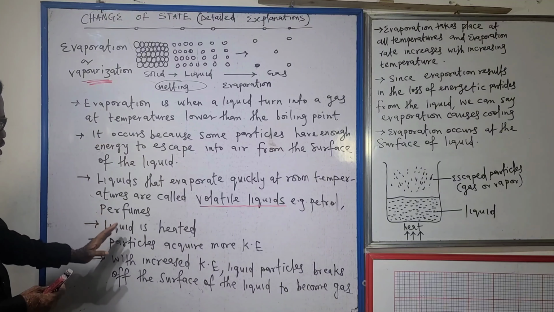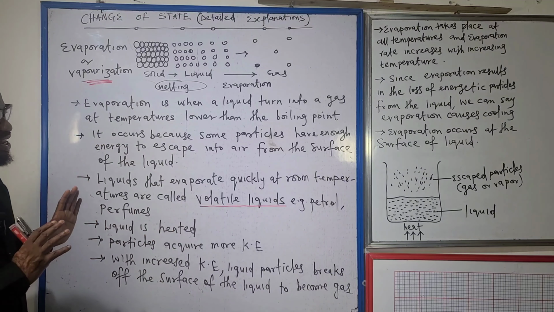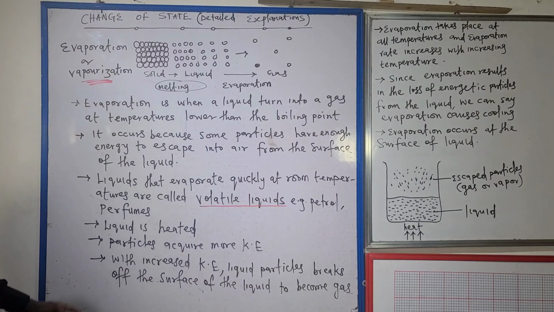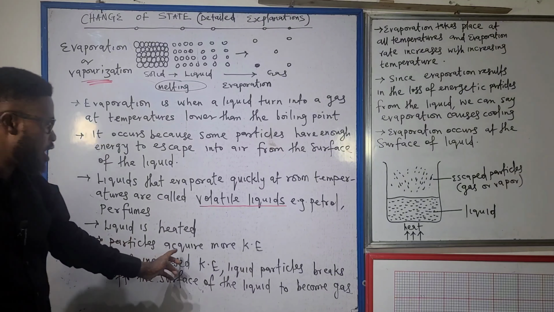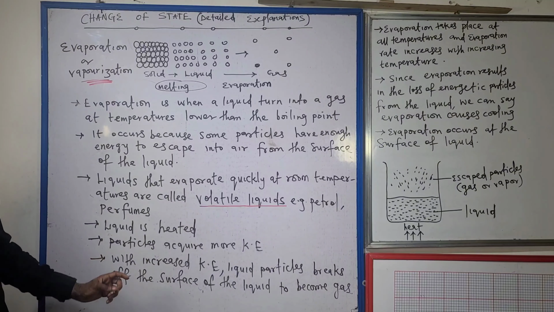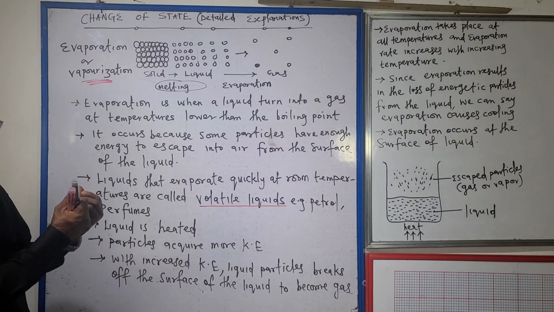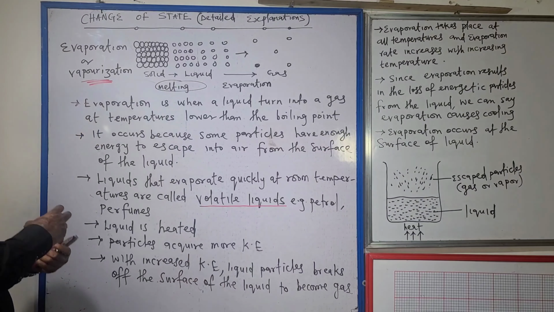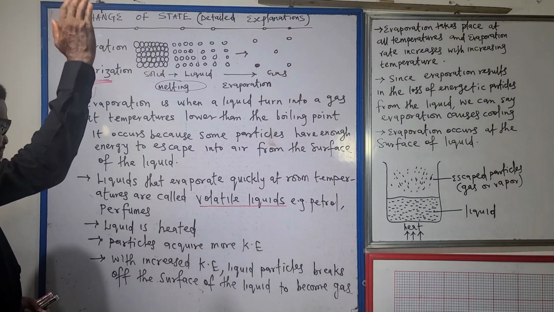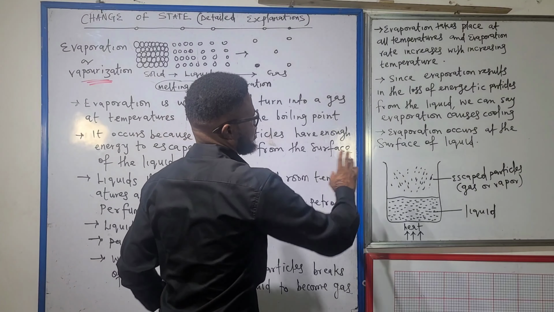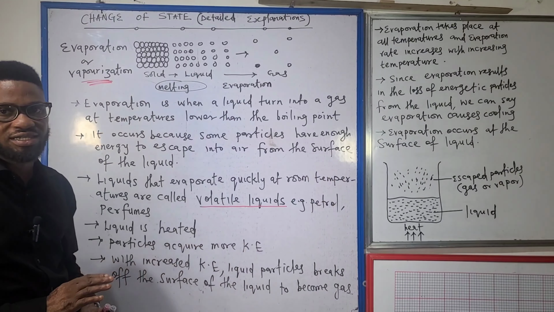During evaporation, once a liquid is heated, the heat energy we are supplying is going straight to the liquid particles. So the particles of the liquid acquire more kinetic energy. With increased kinetic energy, the liquid now has the capacity to break off the surface of the liquid to become gas. That is what evaporation is.